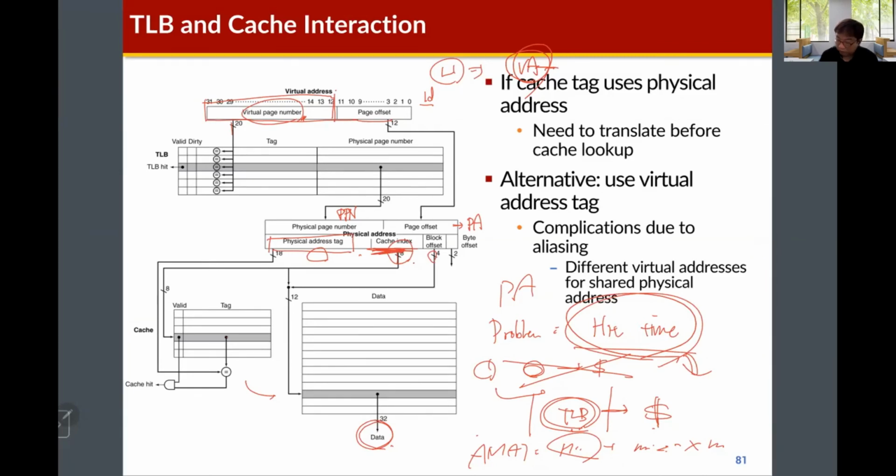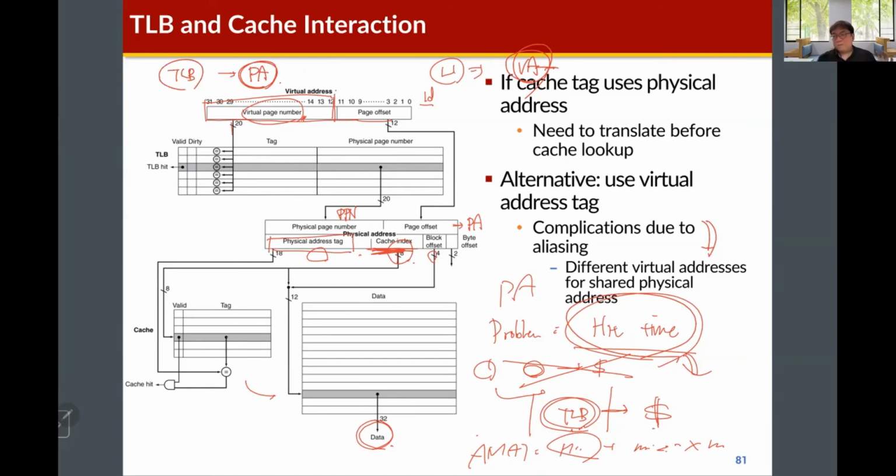This is a somewhat advanced topic of virtual memory, so I will not cover this problem in this course. We need to remember that we need to access the cache with the physical address, and in order to get this physical address, we first need to access the TLB.